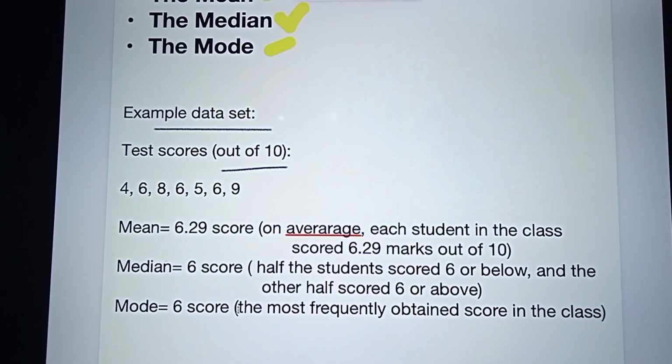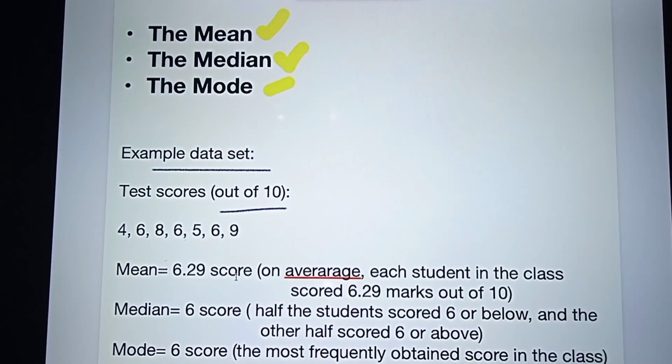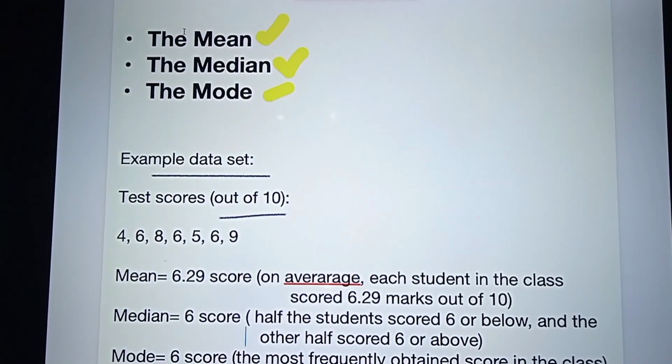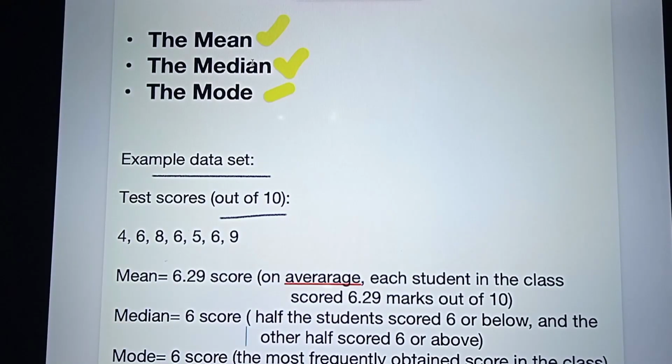Okay, now where do we use each measure? First let's talk about the mean. You can use the mean when the data is numerical, symmetrical, and without outliers.